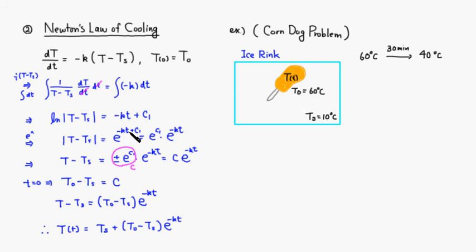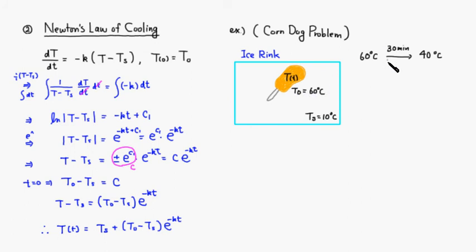Let's apply this to a more concrete problem, the corn dog problem. Let's say you are in a cold ice rink. The temperature is kept at 10 degrees Celsius, and the corn dog is initially 60 degrees.